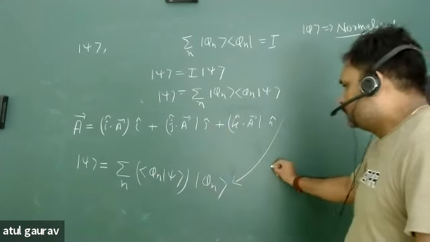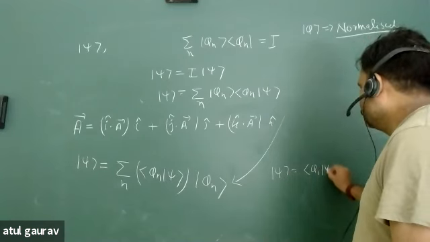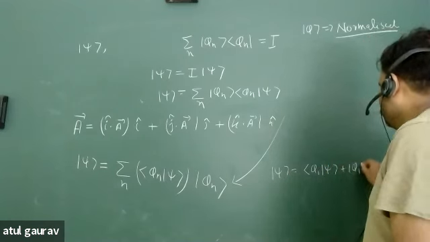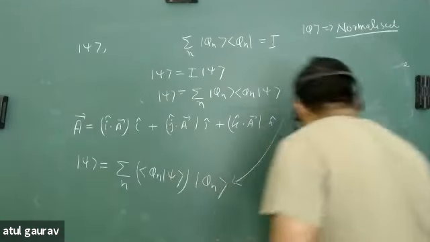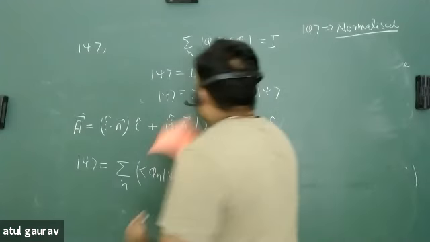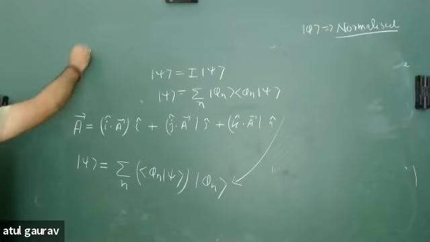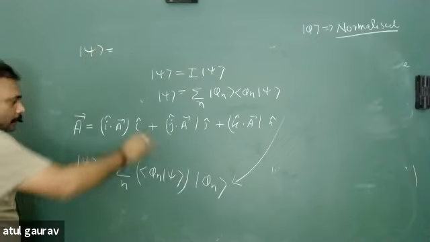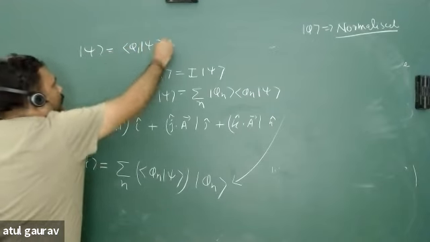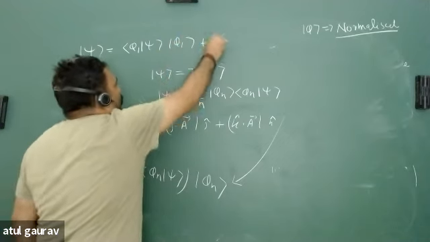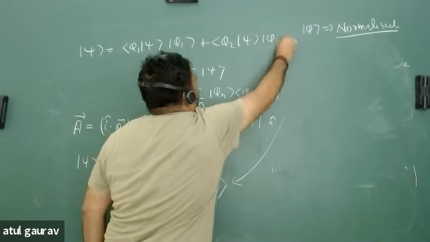If you want, I can write it more simply: psi is equal to phi 1 psi phi 1 plus phi 2 psi phi 2, and so on.